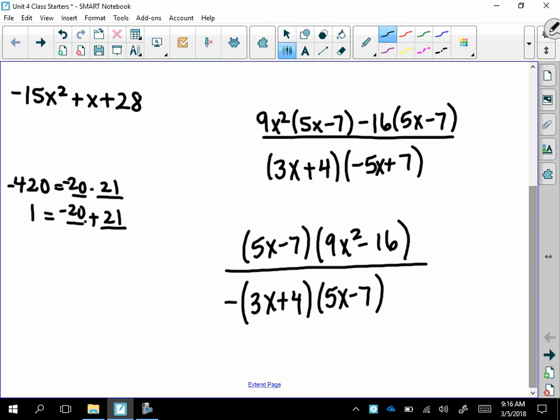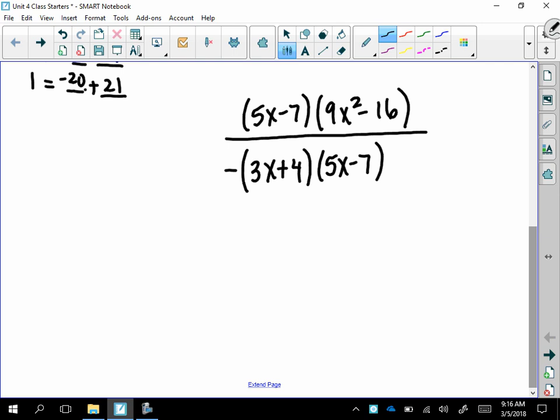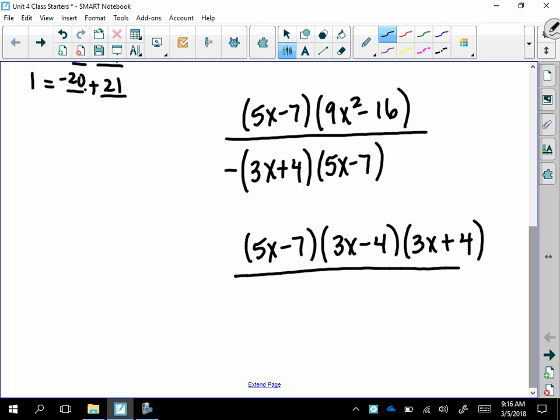So I want to look ahead for those kinds of things. And of course, the 9x squared minus 16 is the difference of 2 perfect squares. So completely factored, the numerator is 5x minus 7, 3x minus 4, and 3x plus 4. And in my denominator, I have a negative 3x plus 4 and a 5x minus 7.